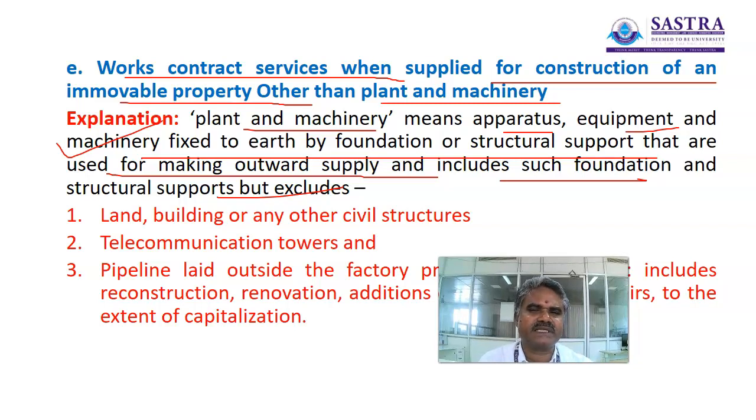For works contract services, you provide employees for works contract services. Immovable property supplied for construction: exclude land, building or any other civil structures, telecommunication tower, pipeline. So exclude.